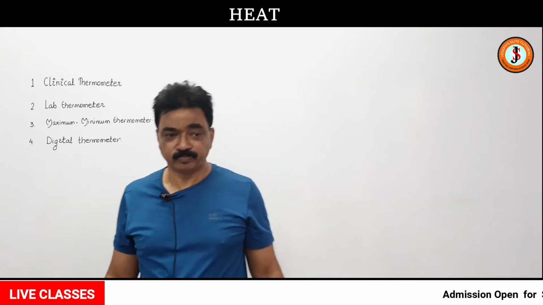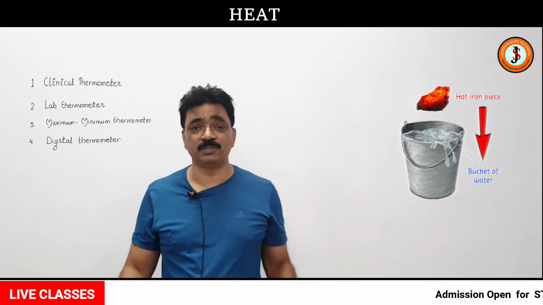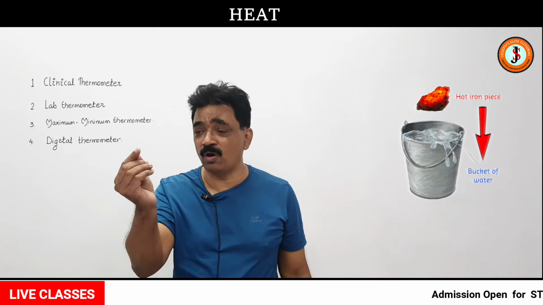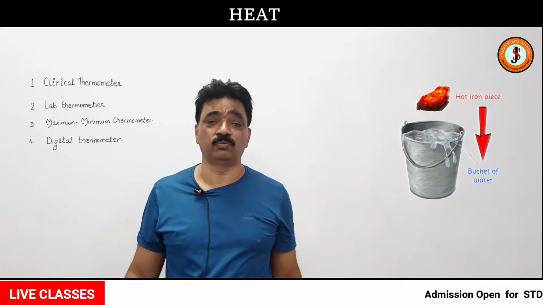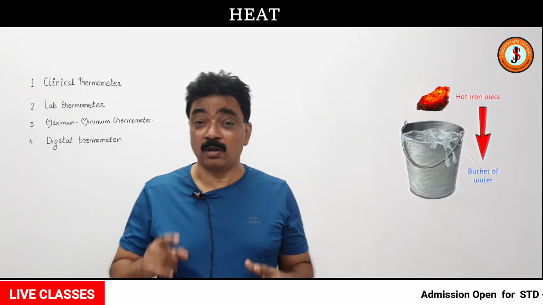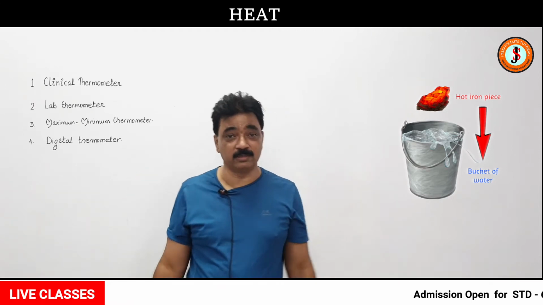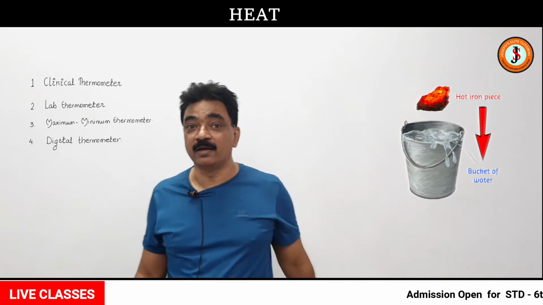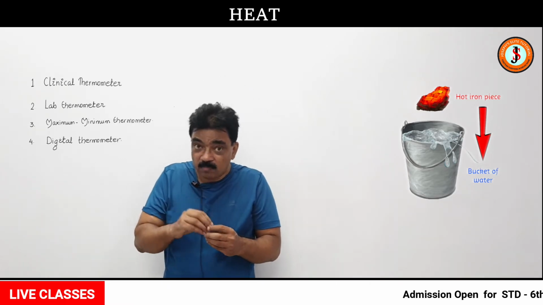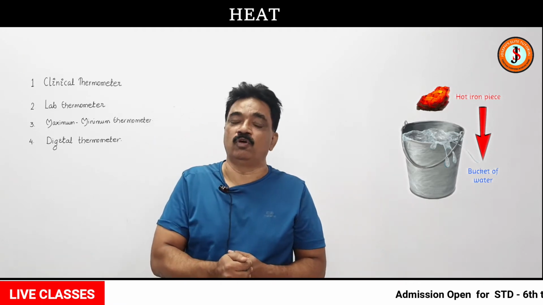Lots of people get confused about heat content and temperature. See, for example, if we have one bucket of water which is at 50 degrees centigrade, and you have a small iron piece which is at 100 degrees centigrade, and you drop the iron piece in water, always, even if the bucket contains 10 kg of water and the iron piece is only half kg, but it is at 100 degrees centigrade, then heat will come out from the iron and will flow to the water.